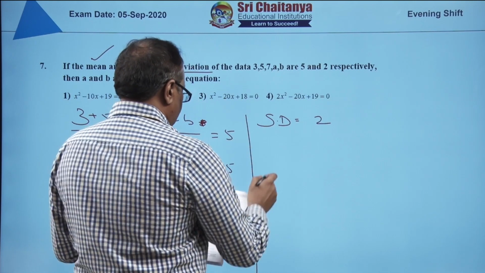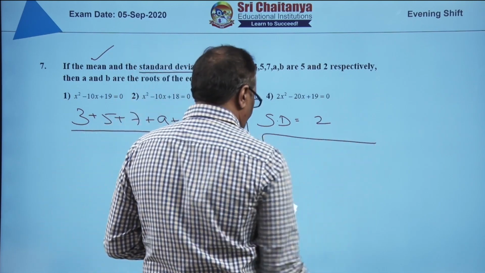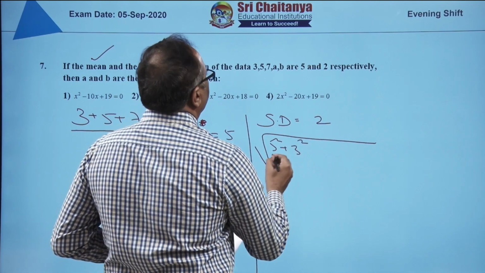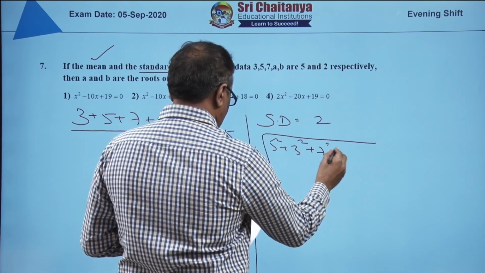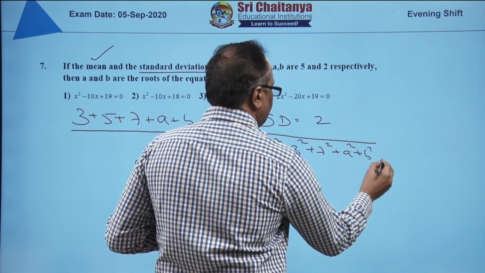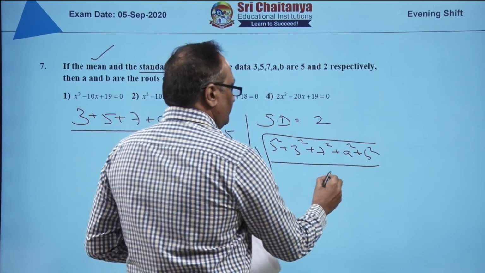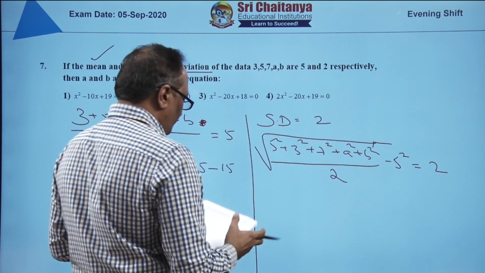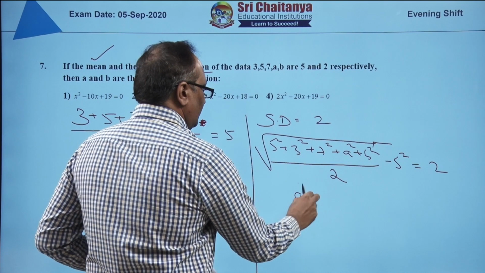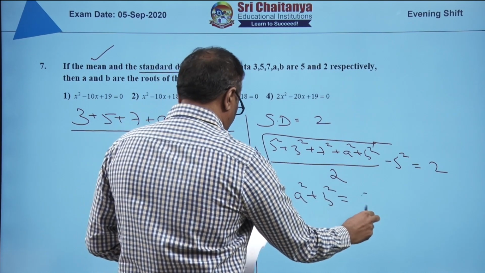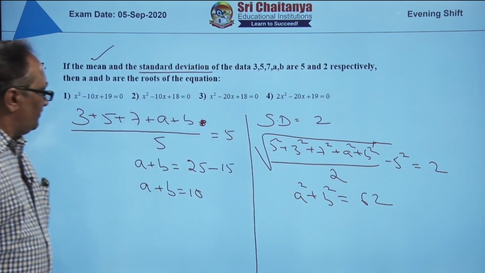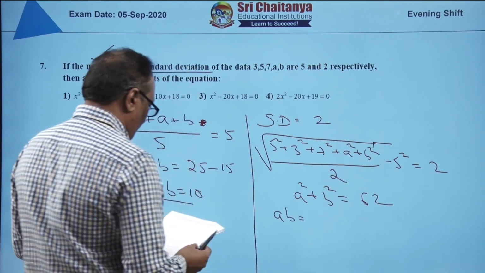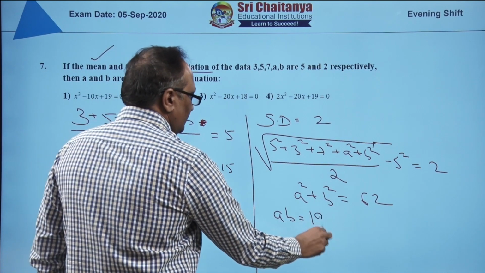The value of that is nothing but 5 square plus 3 square plus 7 square plus a square plus b square, divided by 5, minus mean square 5 square, that is 2. By simplifying this, we get a square plus b square equal to 62. A plus b is given as 10, so we can get the ab value from this. The ab value is nothing but 19.